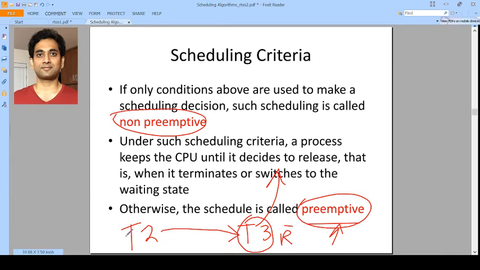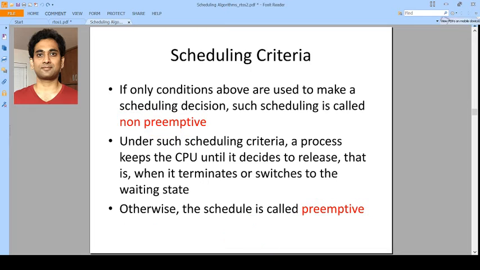And if T2 has to wait for T3 to finish, but it cannot oust T3 from the running state, then such a system is called non-preemptive. So a process keeps the CPU until it decides to release it. Such a system is called a non-preemptive scheduling scheme.